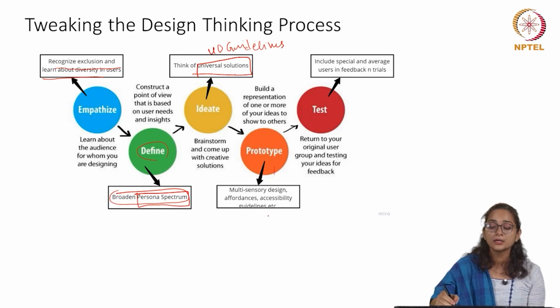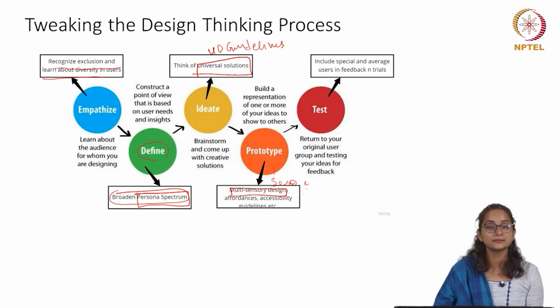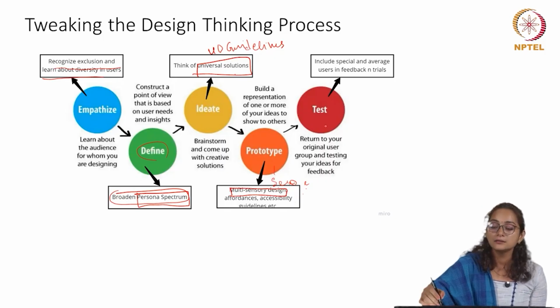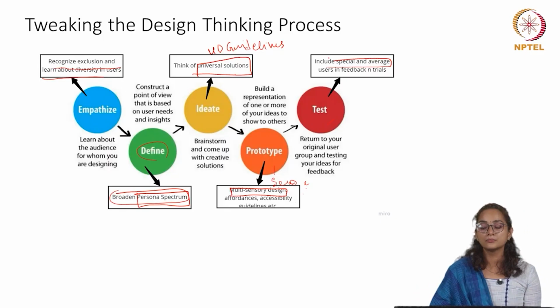In prototype, we can utilize sensors and different kinds of hardware and software aspects in order to come up with multi-sensory designs. And in the testing phase, we try to include special needs users as well, and avoid excluding them from our user groups.